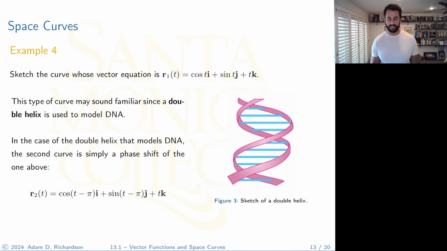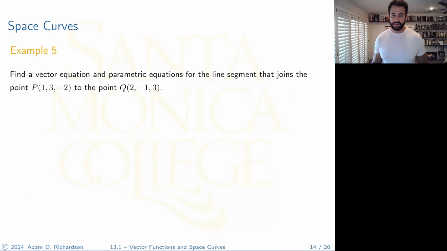And the second curve you can see is really just a phase shift of the circle. So that way it starts at a different point at the same time, and that's where you get two. Here's one of them, and then here's the other. Cool, double helix.